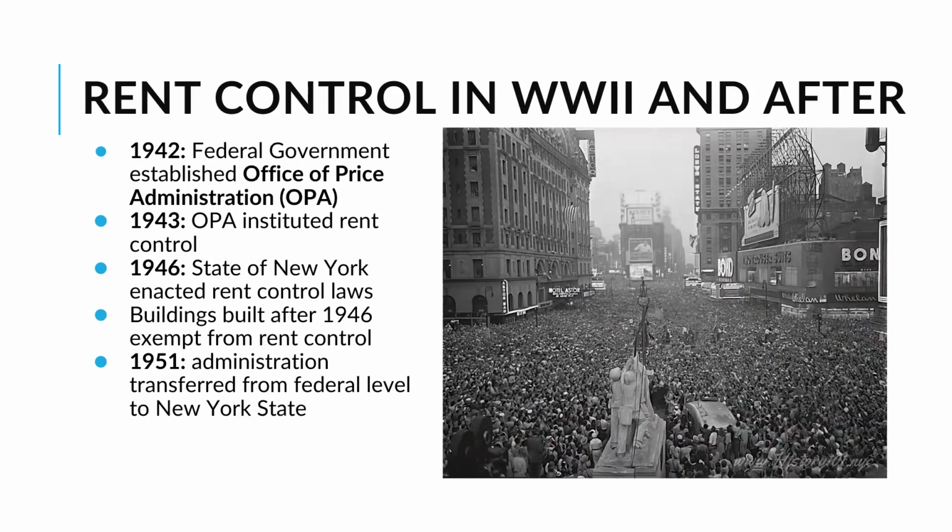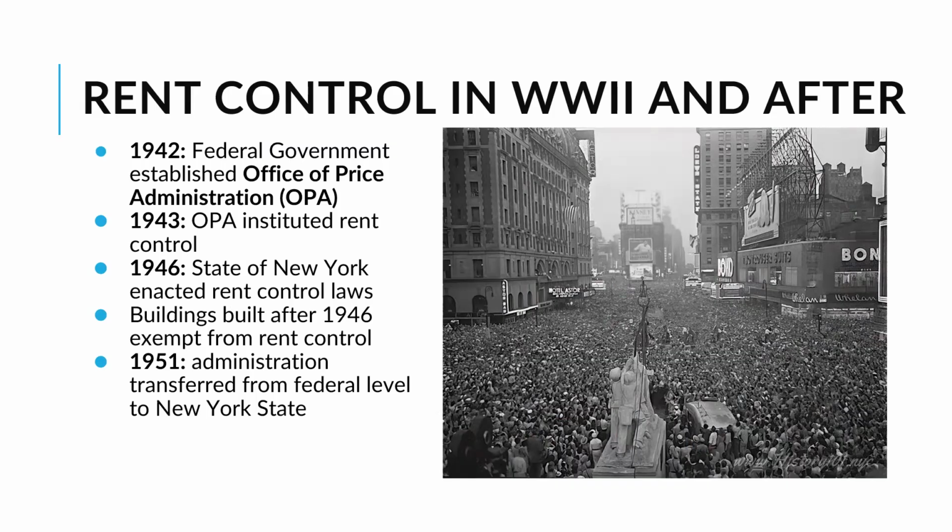And then World War II comes around, and the federal government is putting a lot of money into the wartime industries, combined with construction shortages because they're putting all the material towards the war effort. No new construction. Also, not a lot of construction during the Great Depression. Massive spike in rents.